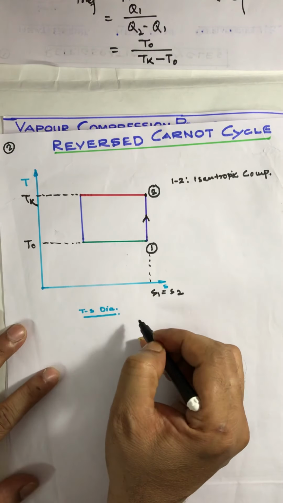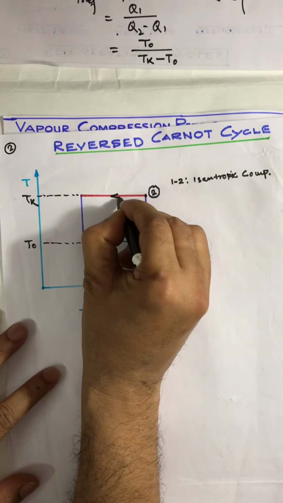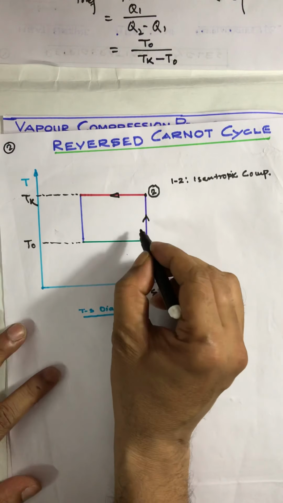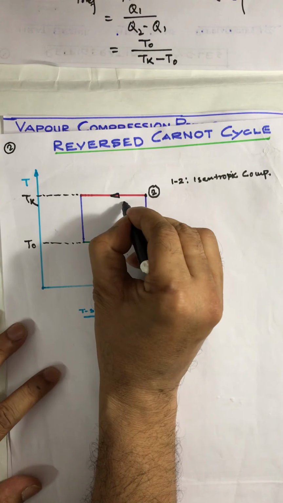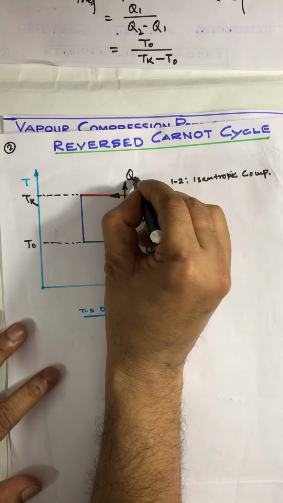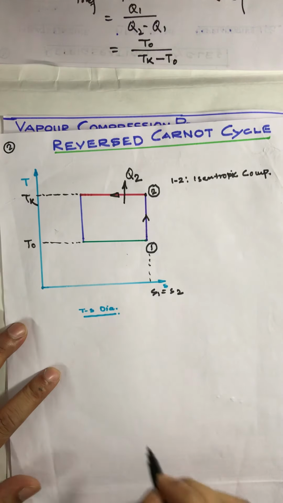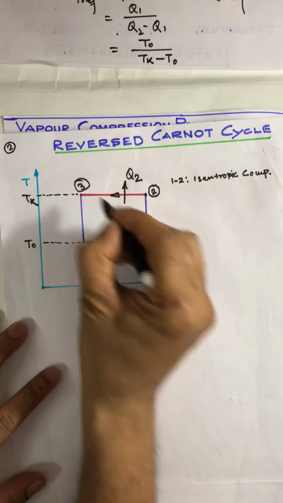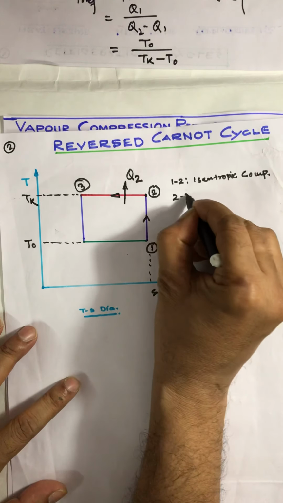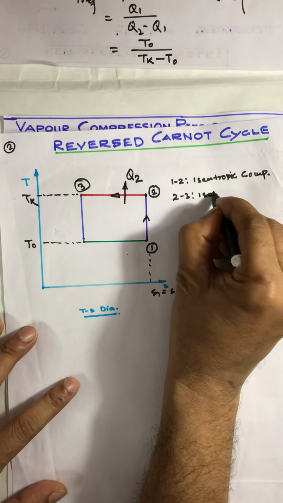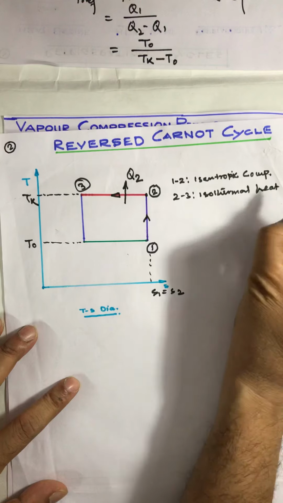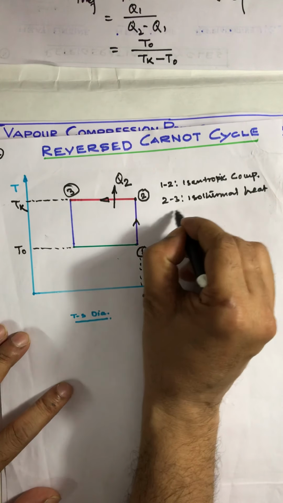After that comes isothermal heat rejection, which is executed in the condenser section. So, we can say this is Q2, and the 2 to 3 process is isothermal heat rejection.